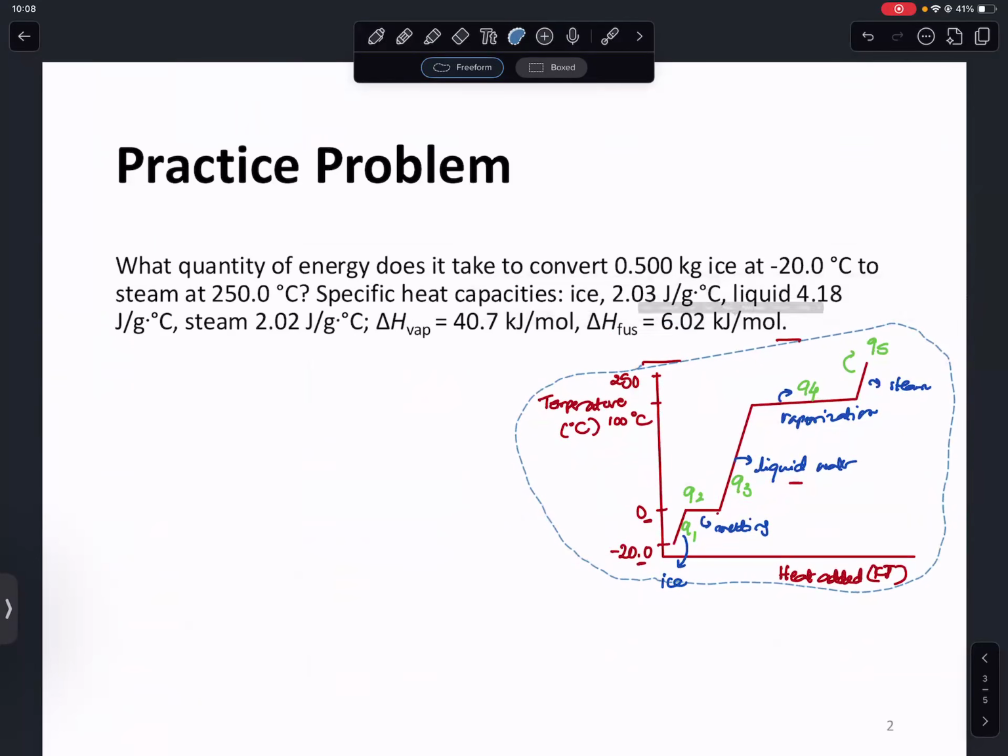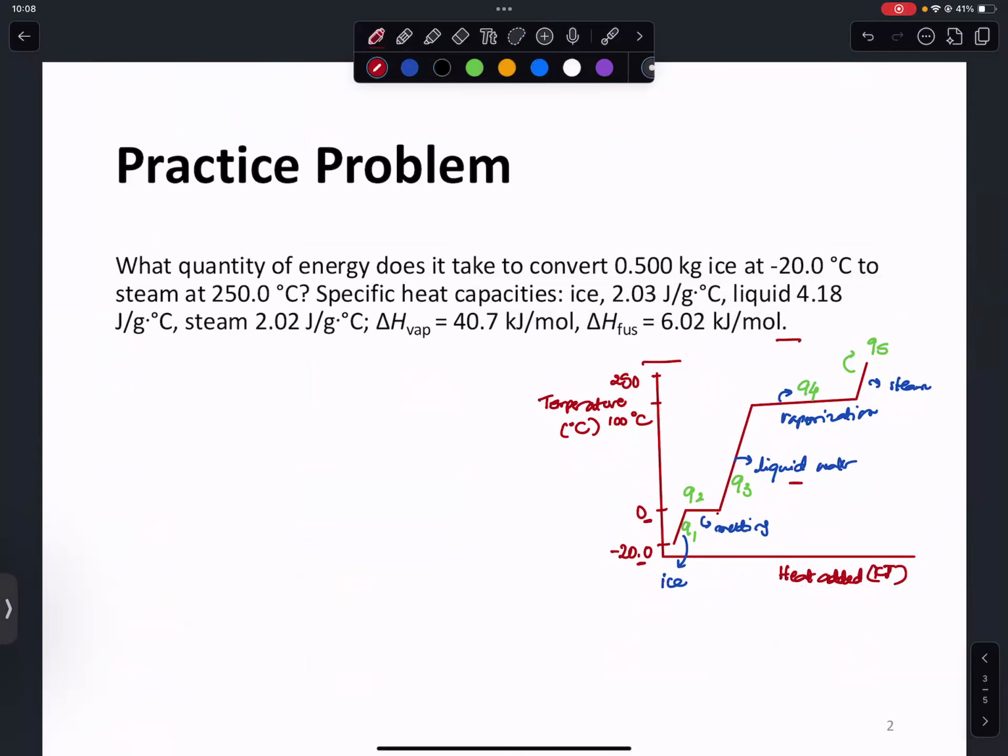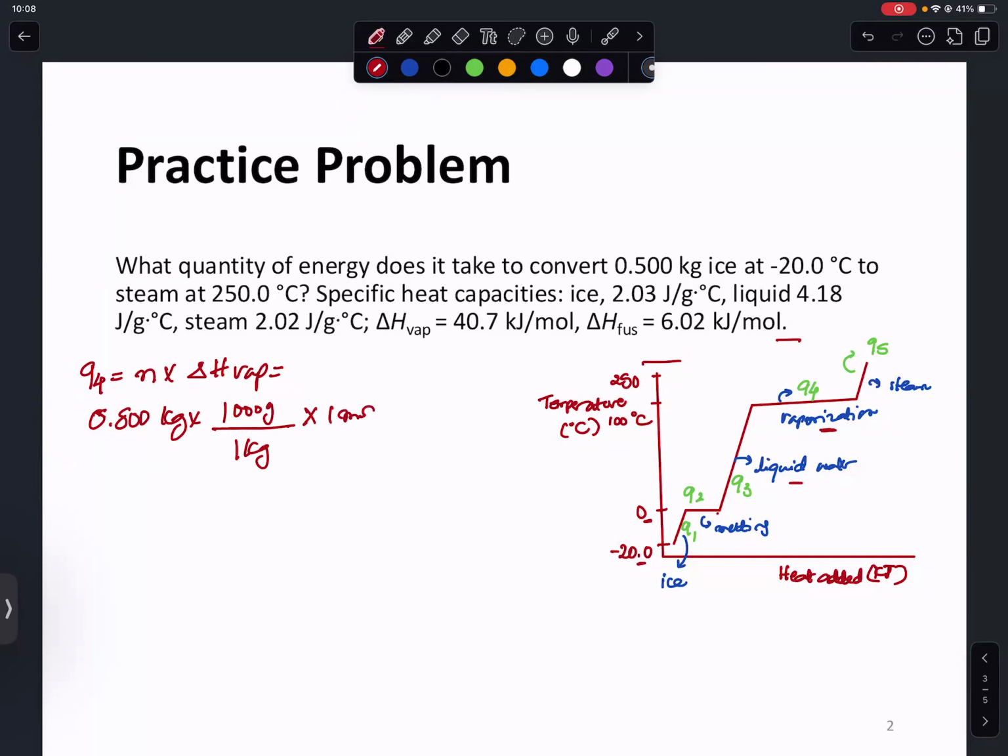Okay, and I'm going to continue with the Q4. Q4 right here represents a phase change, vaporization. So I'm going to use n times the enthalpy of vaporization, and this is going to be the 0.500 kilograms, and then 1,000 grams over 1 kilogram, times, I'm going to divide by the molar mass of water, 1 mole H2O over 18.02 grams H2O, times 40.7 kilojoules per mole, which is given to me right here.